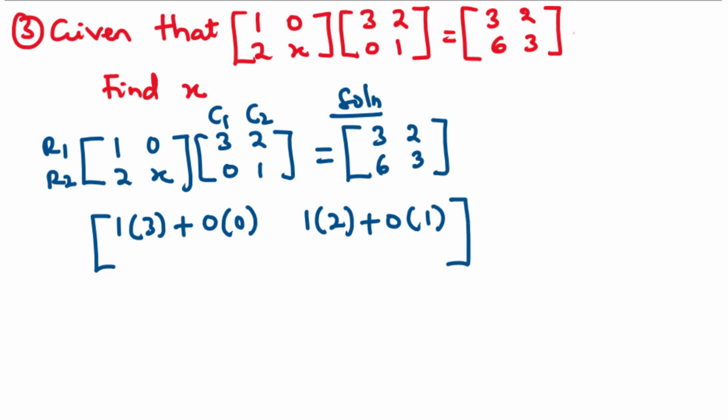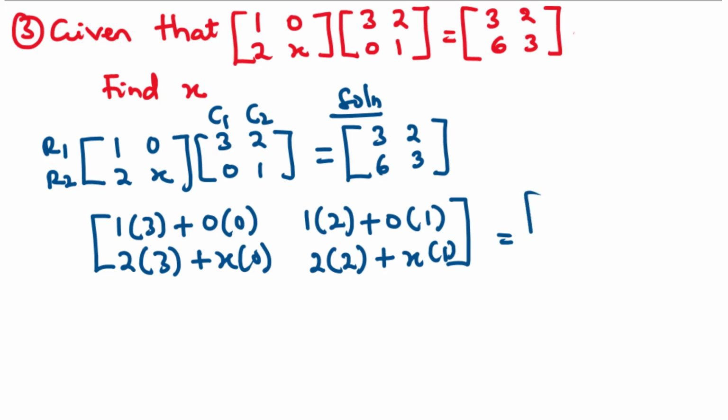Now the second row, we have 2 times 3 plus x times 0, and then 2 times 2 plus x times 1. So that is equal to the matrix [3, 2; 6, 3].